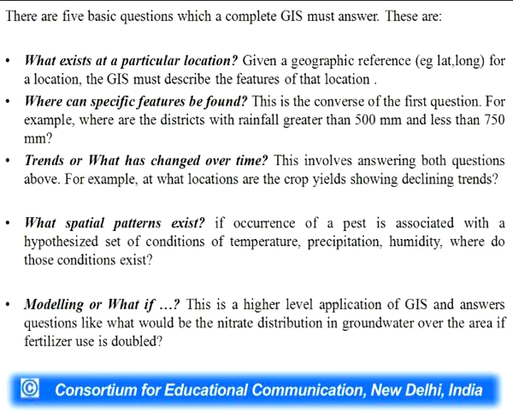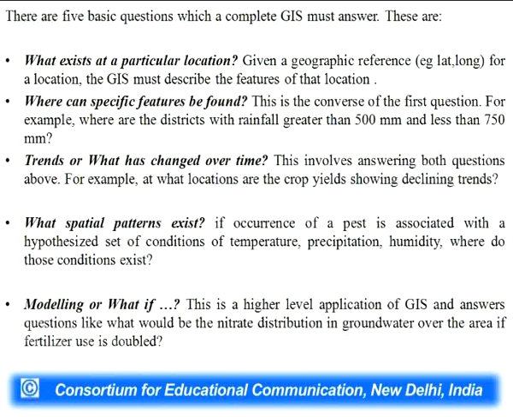And another thing, trend, or what has happened over time. So to find out the change detection or monitoring of something in a temporal framework, GIS is very important. Suppose we have to see a change in the land use, land cover, so we try to analyze 2-3 time framework data, and with this data we can give a picture of trend, how the land use pattern is shifting and where we are.